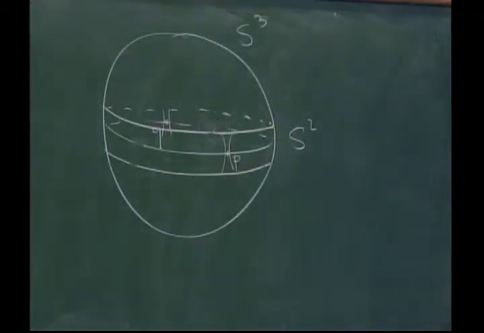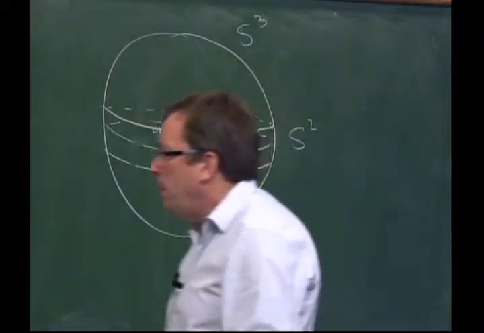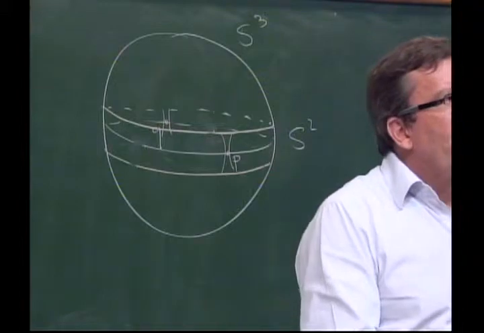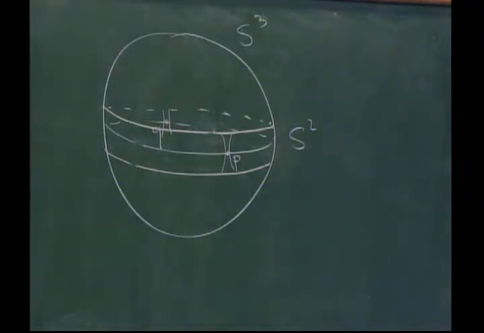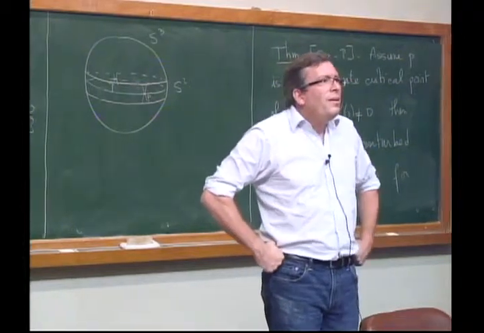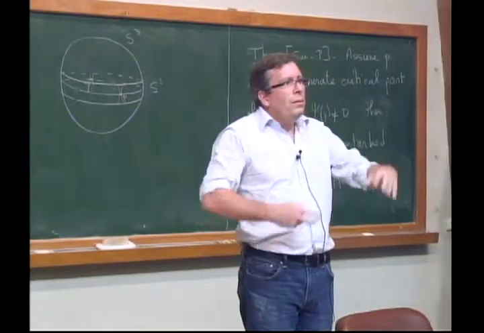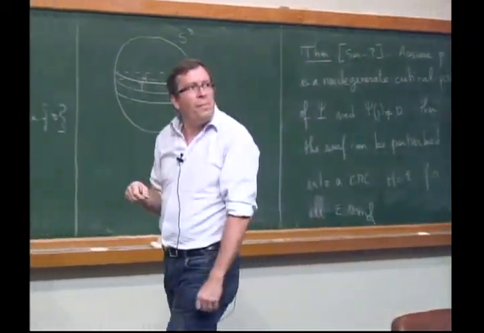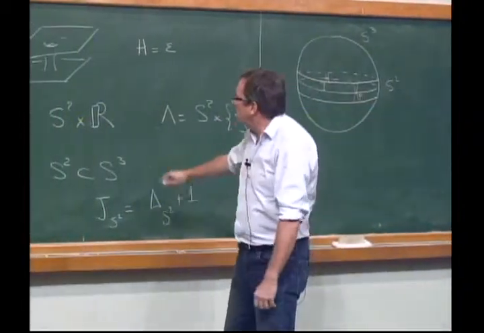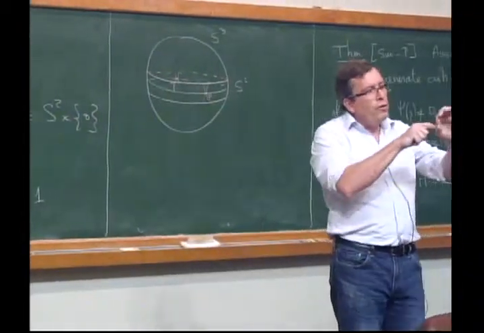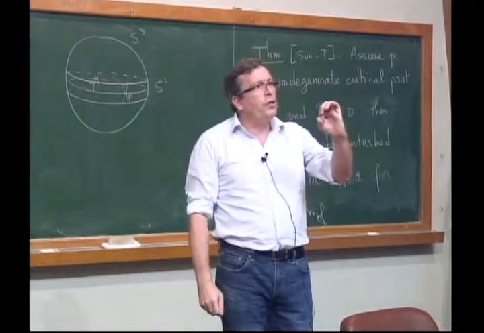You can't have a constant mean curvature sphere that's not rotational. Oh no, the examples you obtain here are rotational. If you start in S2 cross R, you have a sphere which is very small, whose mean curvature is very big.